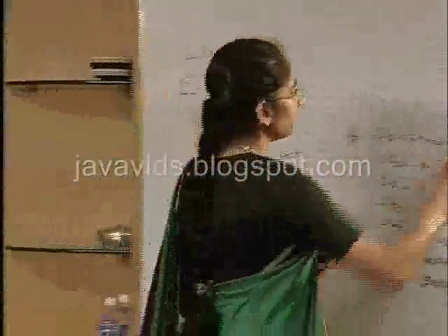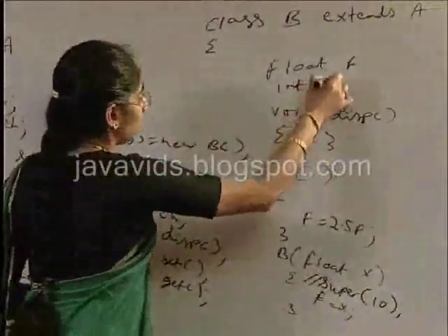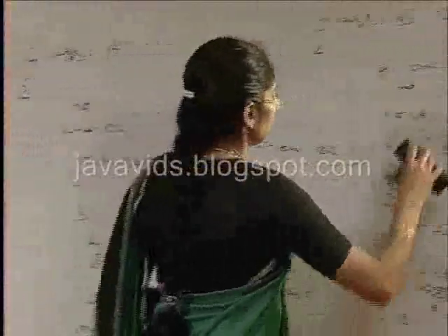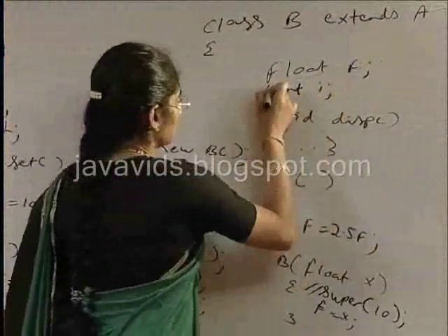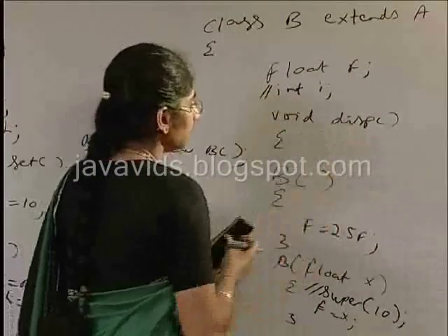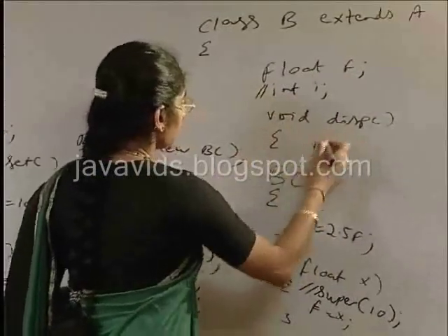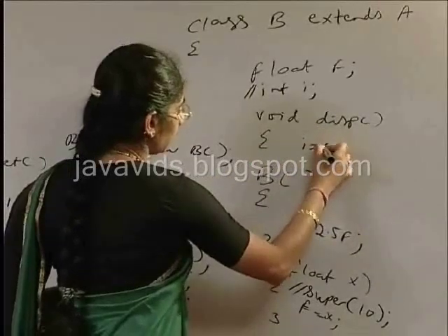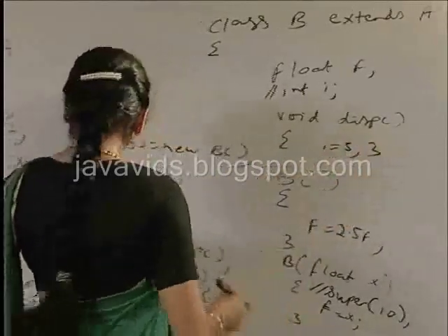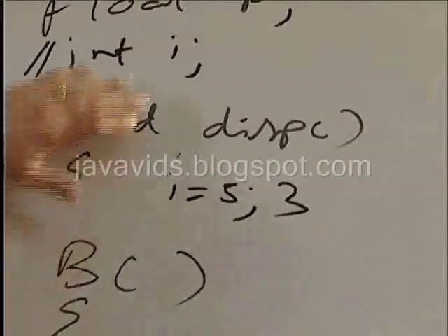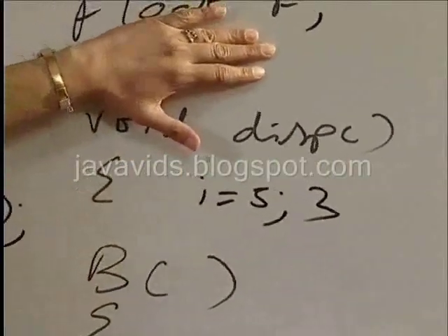Now let's assume that we have int I in the child class as well. Now just before that, let's say in the disp method, if I were to say I is equal to 5, which I are we talking about out here? Previously we did not have this particular I in the child.